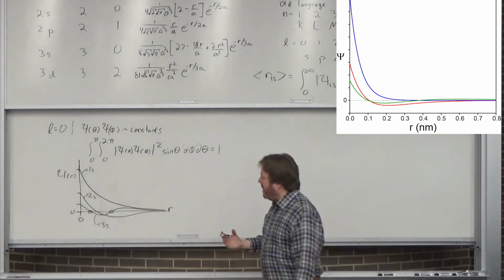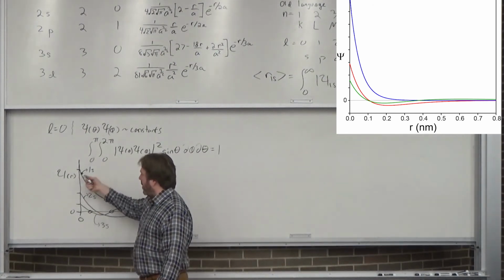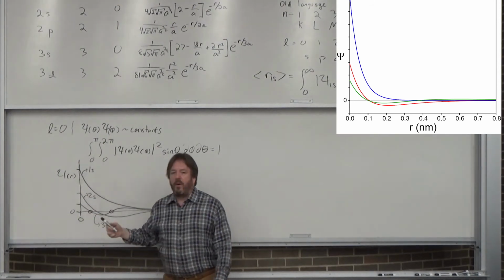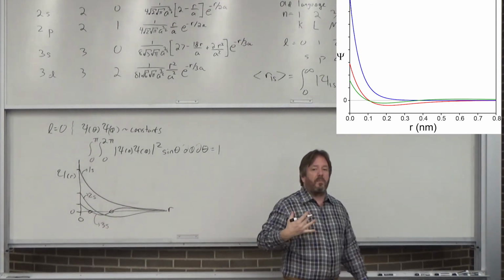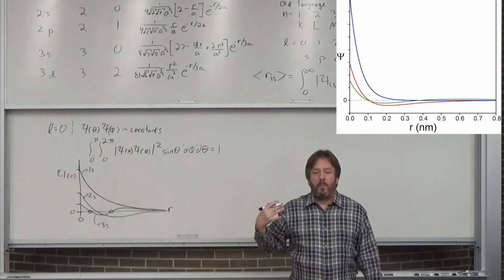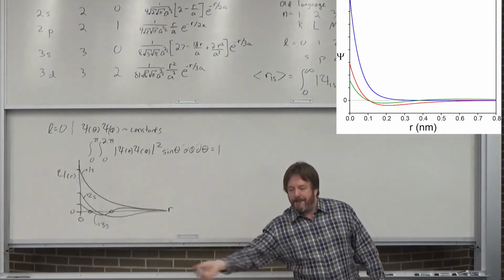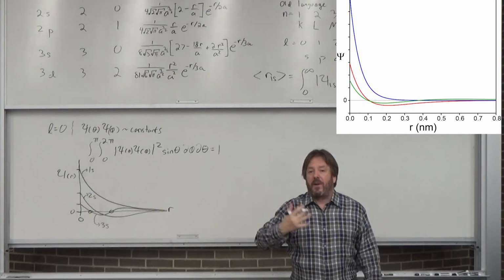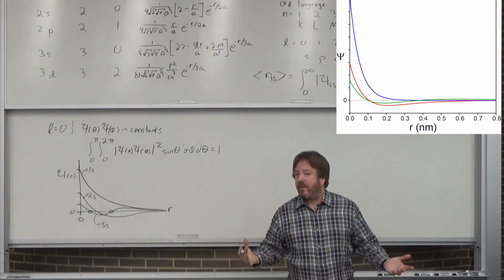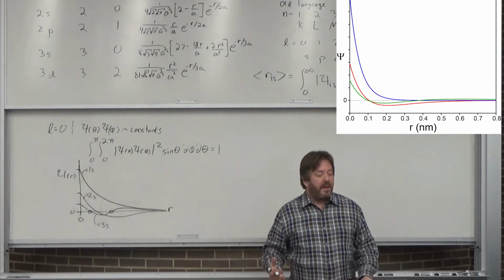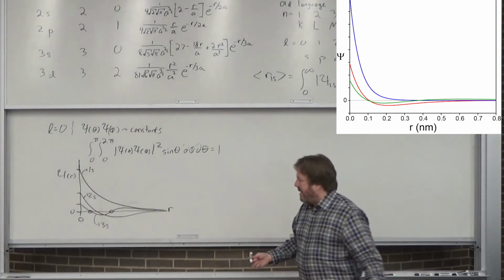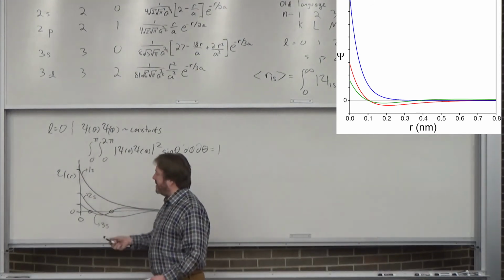So if the wave function of these electrons is finite at r of 0, it implies that there's some probability for them to be there. If they are there, they're hitting the nucleus. If they're hitting the nucleus, an infinite amount of energy is being released. So this is a bit of a problem.